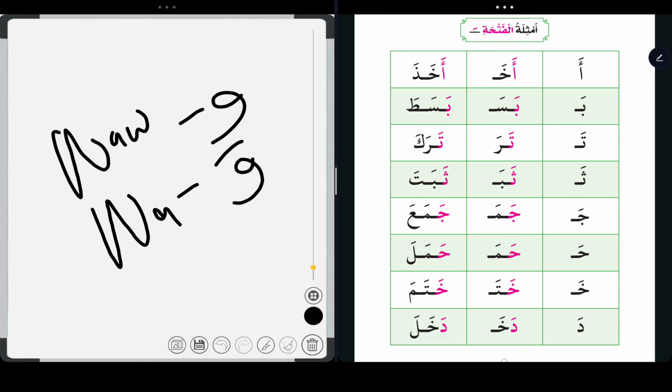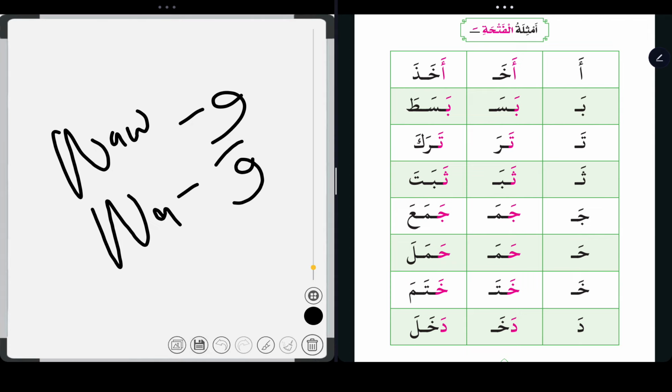In the next episode, inshallah ta'ala, we are going to join different letters together that carry fatha, so we can get used to reading little by little, and by that, we start reading.